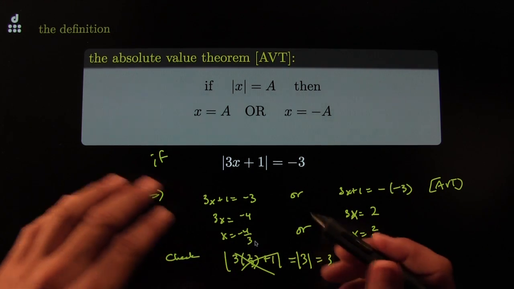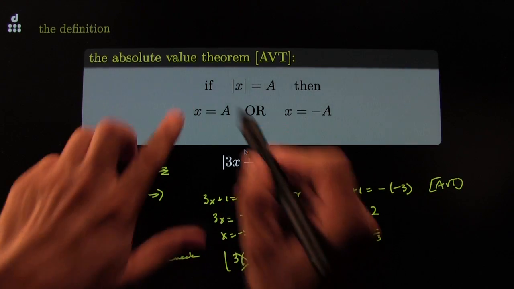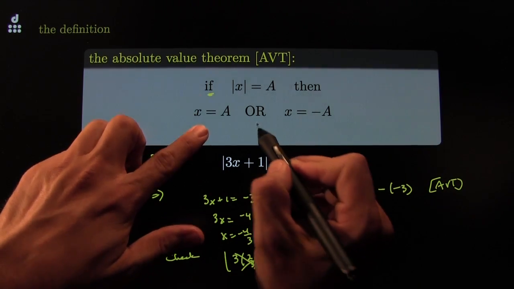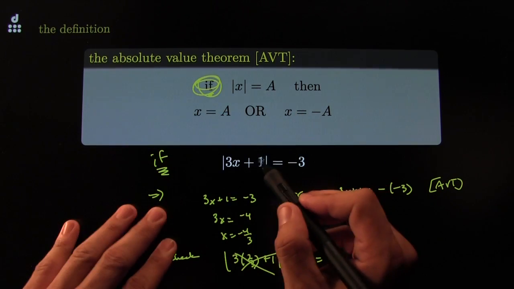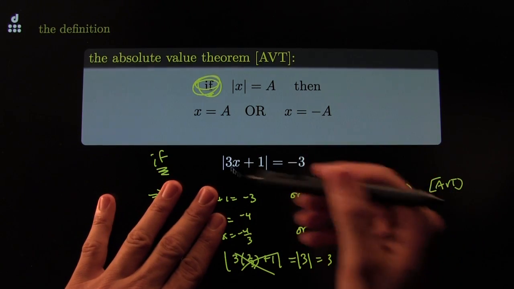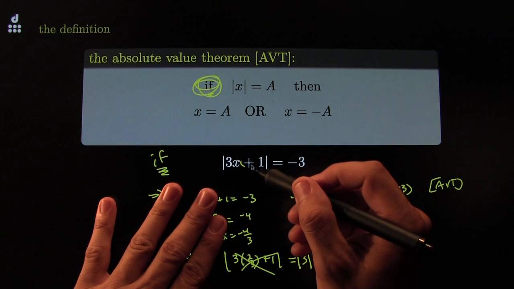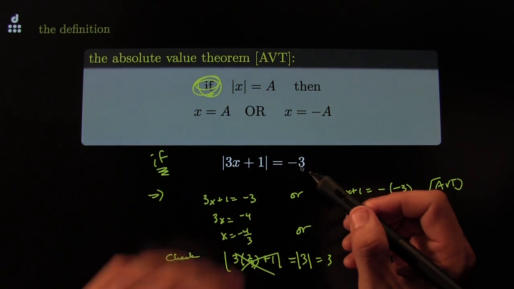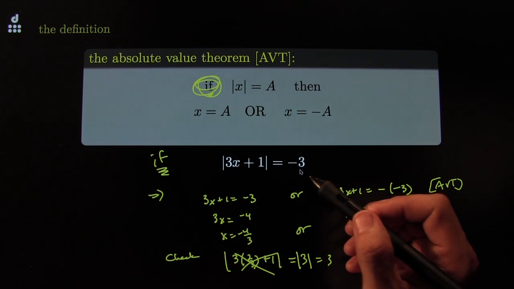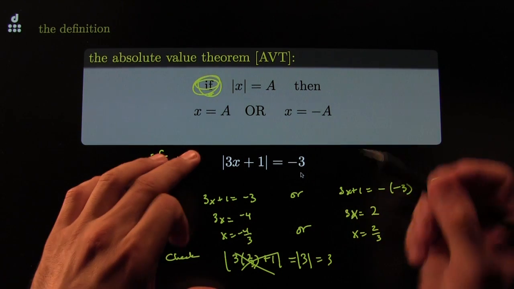The thing that happens here is that there's a big old if here. If this is true, then that is true. It doesn't say this is always true. And the trouble here is that this never had a chance to be true in the first place, because the absolute value of any number wouldn't be a negative number. So it was failing from the get-go. And so you should be careful with these.